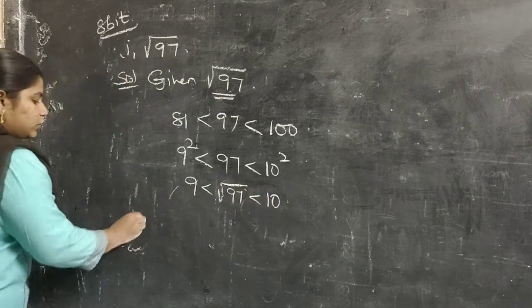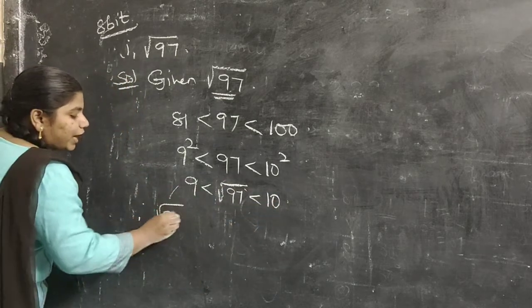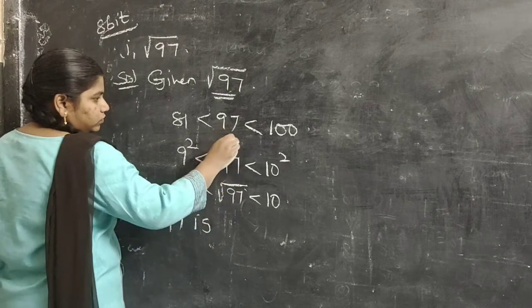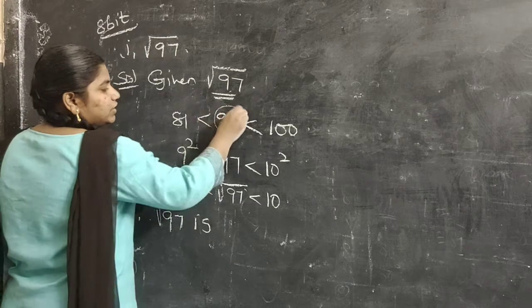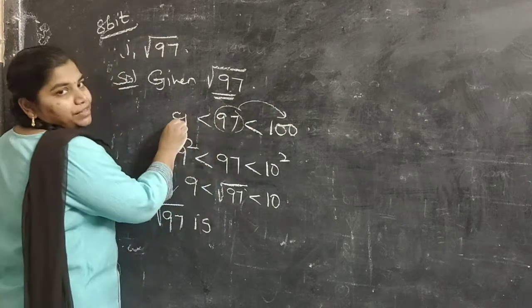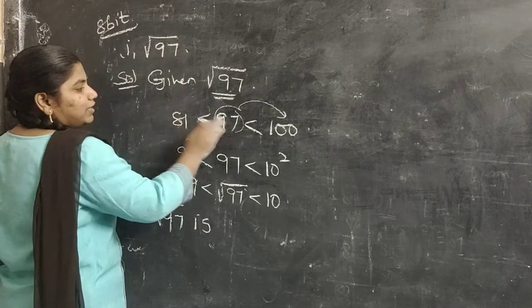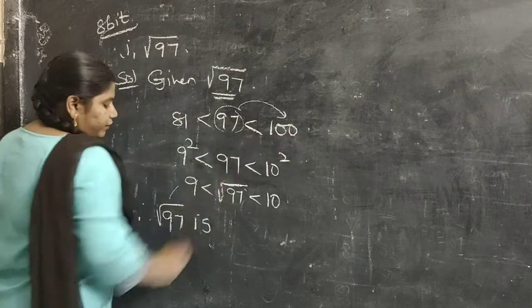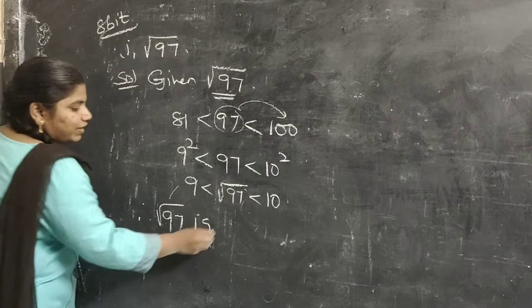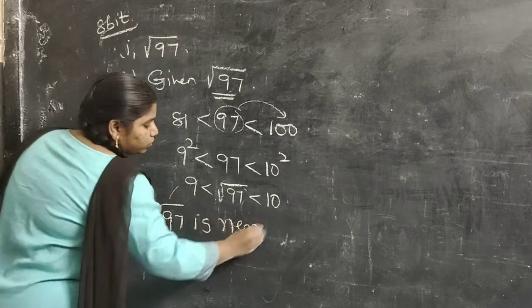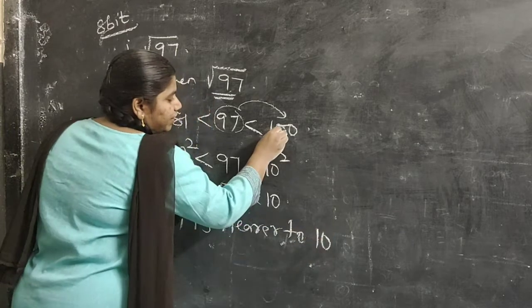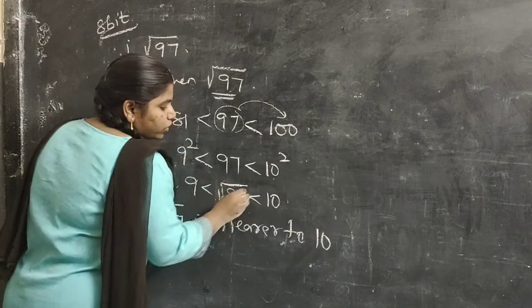So what is the estimate value here? 97 is nearer to 100, not 81. 81 is farther than 100. So root of 97 is nearer to 10. 100 is nothing but 10 square. So root of 97 will be 10.